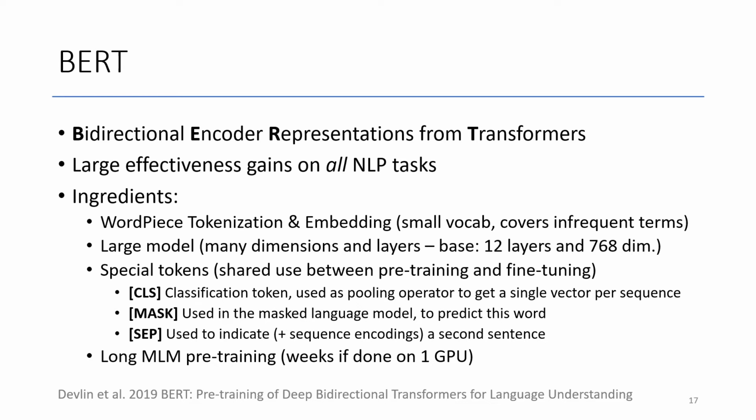So to allow for more tasks where you also need to compare two sentences together, BERT is actually trained always with two sentences together. So we have one sentence, then a separator token, and then the other sentence.